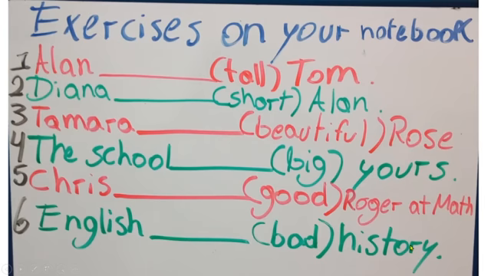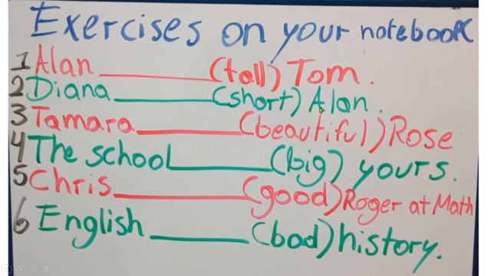Okay, so now please, in your notebook you have to write and complete these exercises. They are 6 sentences, and you have to check the video and your book, and complete the correct sentences. We have, for example, Alan, tall, Tom.